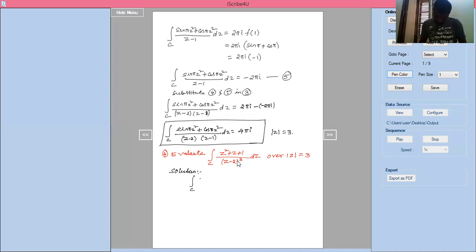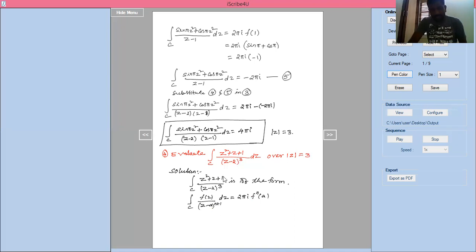the integral over C of (z square plus z plus 1) divided by (z minus 2) whole cube is of the form integral over C of f of z divided by (z minus a) whole power n plus 1 dz. Whenever it is in this form, the formula I told is 2 pi i times f n of a.